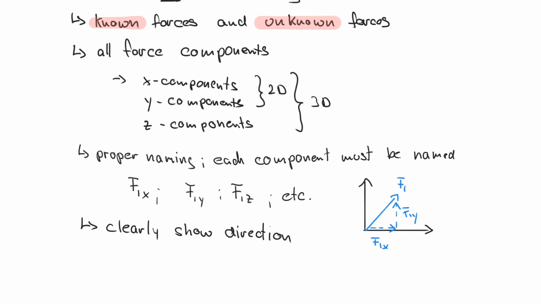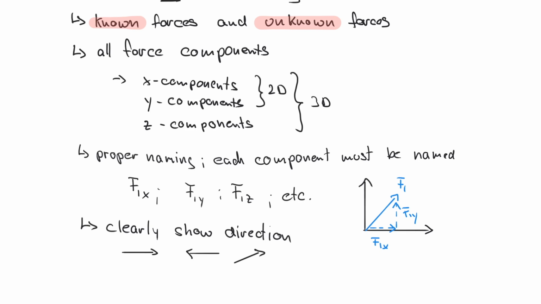So in other words, when we talk about clearly show directions, you have to provide arrowheads in any direction, not just if it coincides with the XYZ direction. It does not matter. You always have to show the arrowhead, even if it's a diagonal line or whatever you have in your diagram. Always include that.